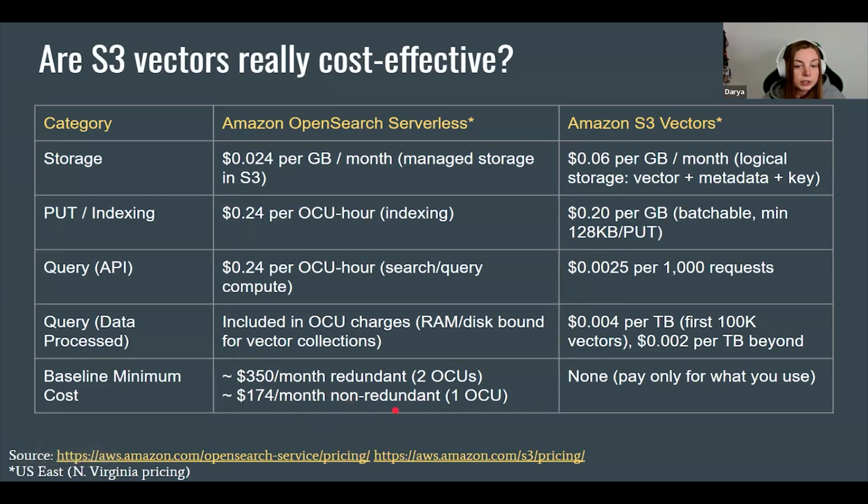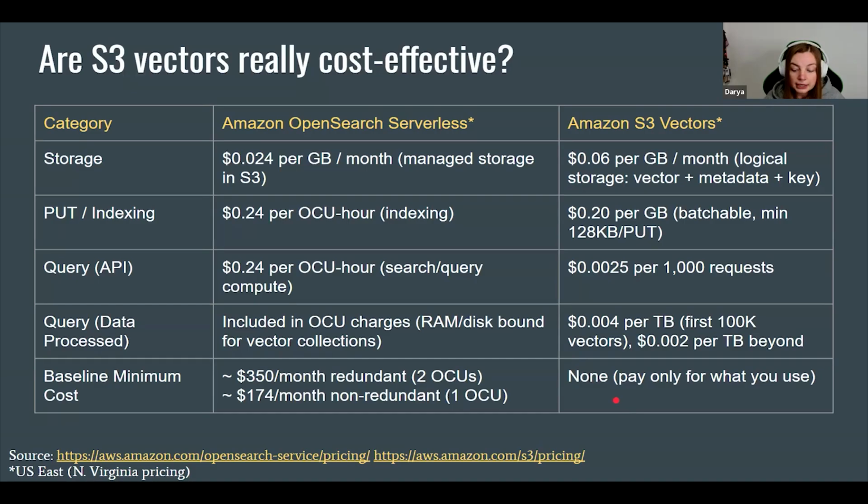But with Amazon S3 vectors, there is basically no baseline. You pay for only what you use. You pay for storage at just about 6 cents per gigabyte per month. Also, there is 20 cents per gigabyte for put requests, just a fraction of a cent per 1,000 requests for queries, and just a tiny cost for data processing. You can see that there is no fixed cost.